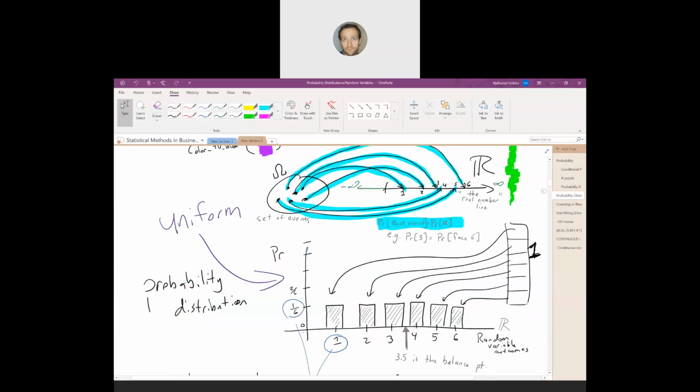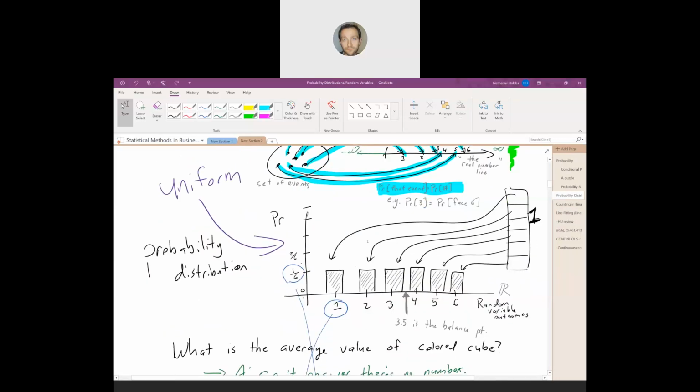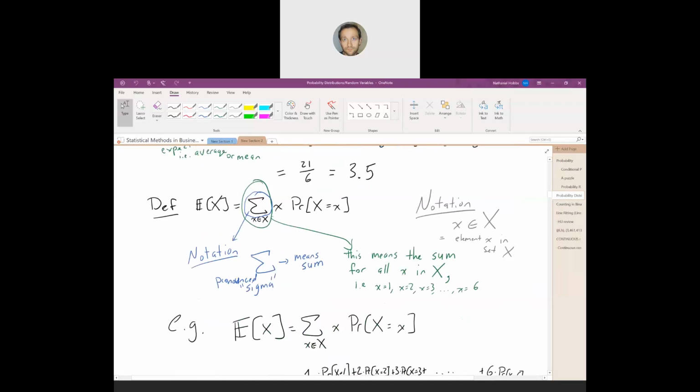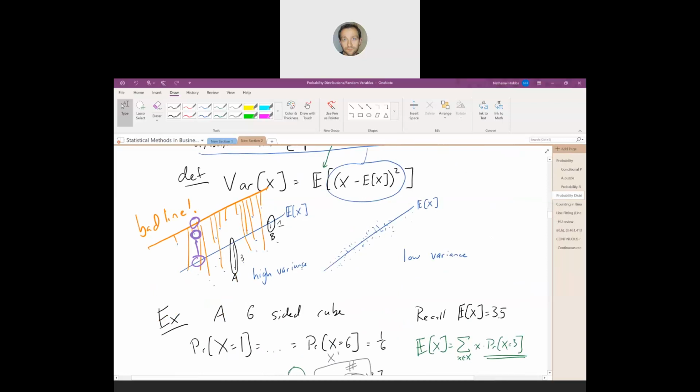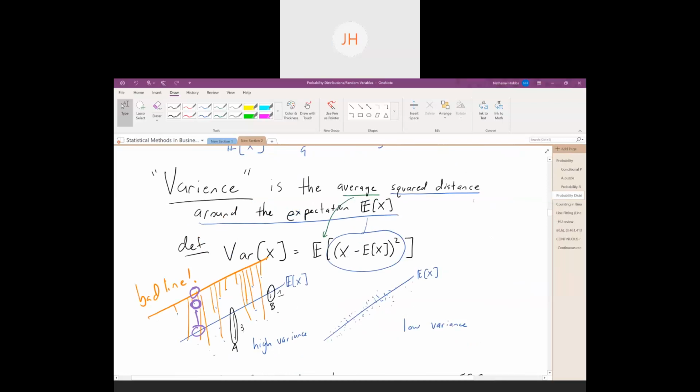For this, go back to the probability distributions, when we were talking about probability distributions. Here we have expectation, we defined that, and then later we also defined variance. Yeah, so this is the definition of variance.